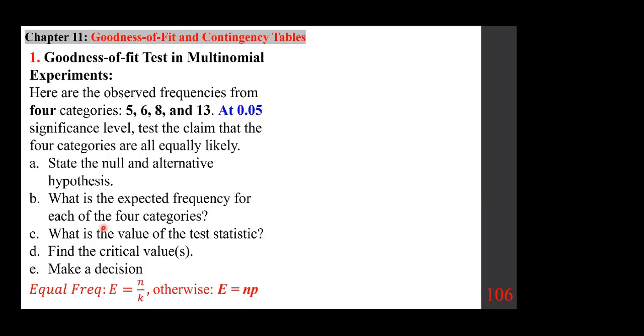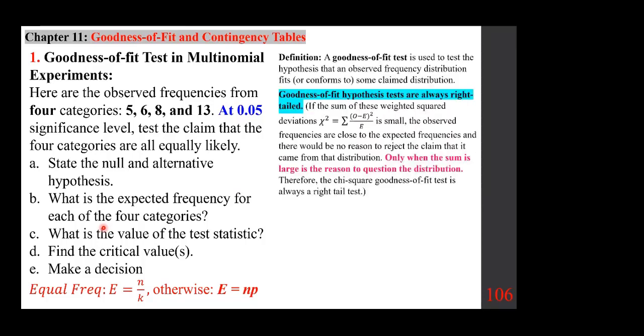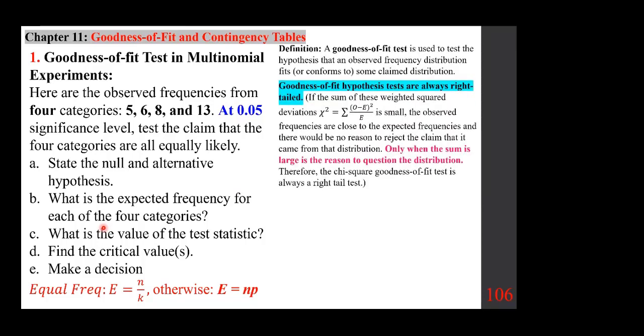So, a quick reminder: a goodness of fit test is used to test the hypothesis that an observed frequency distribution fits or conforms to some claimed distribution. Goodness of fit is always a right tail test. Why is that?